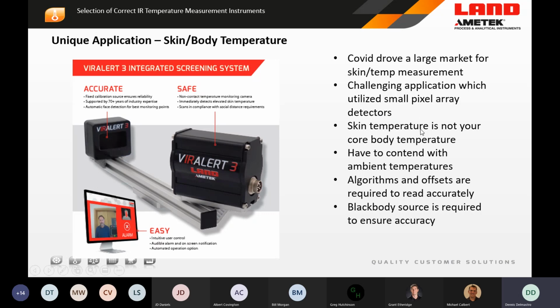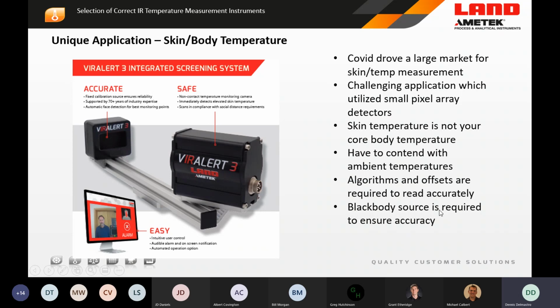Now, your skin temperature is not your core body temperature, so you have to contend with ambient temperatures. If somebody walks in from the winter weather, their body temperature is not going to be 98.6 as soon as they walk through the door. So you have to contend for that. You do that using algorithms and offsets that will improve the accuracy.